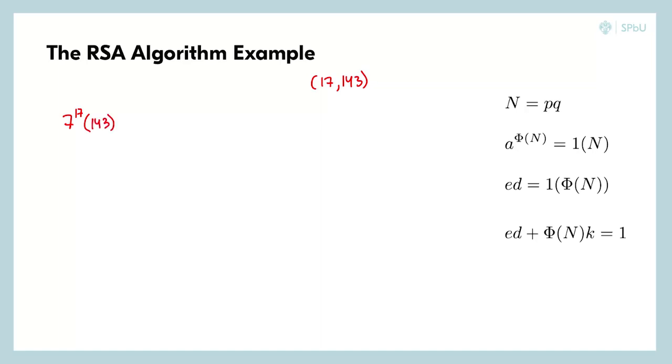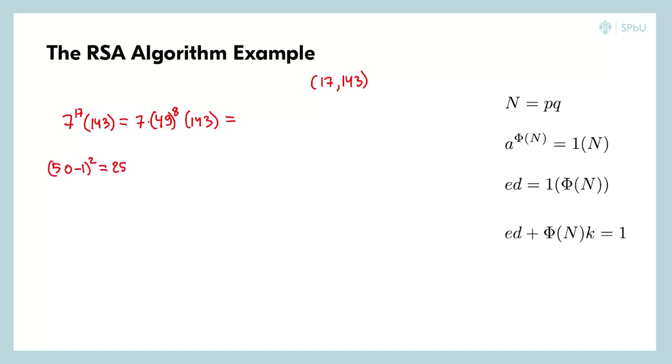Okay, 7 in the power 17 is 7 multiplied by 49 in the power 8, all this modulo 143. Let's square 49. 49 is 50 minus 1, so it's easy to compute the square.